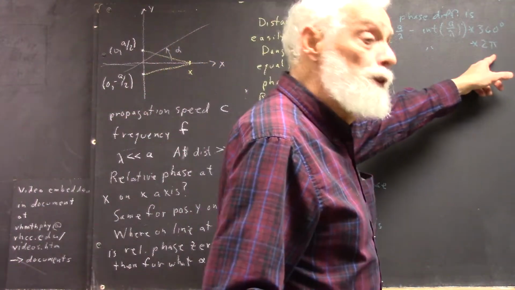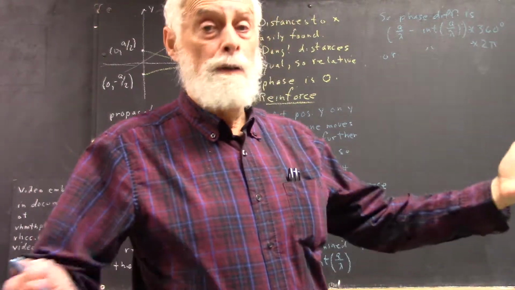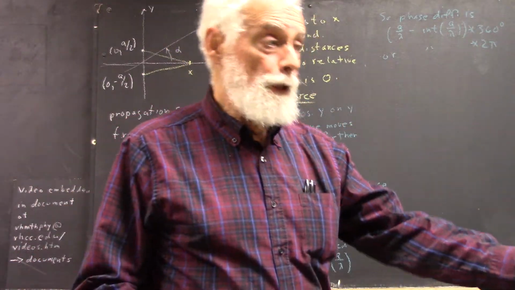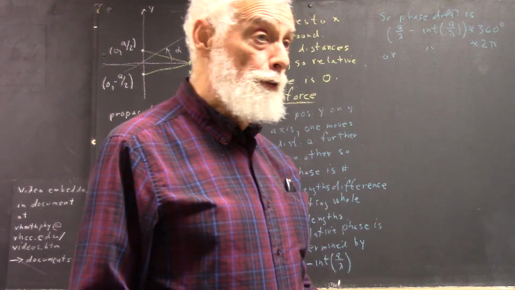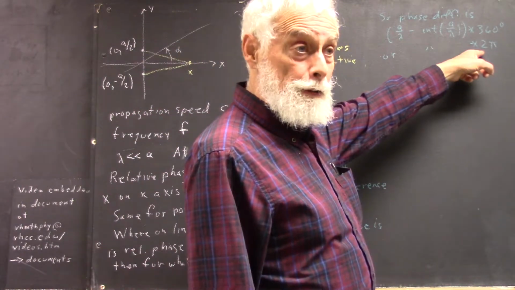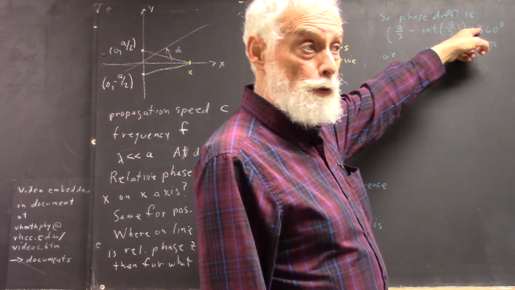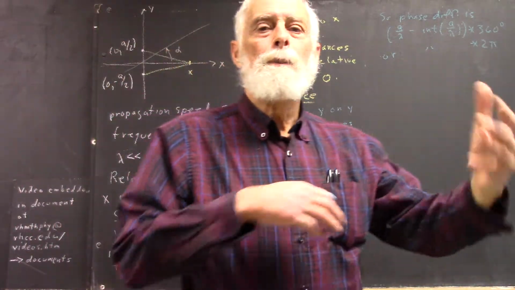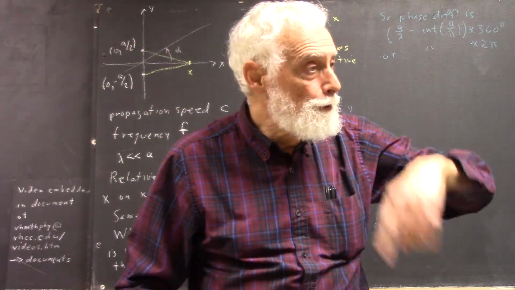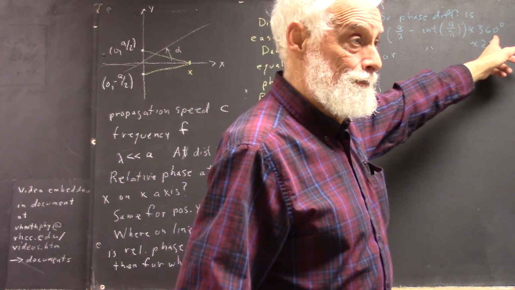Or times 2 pi if you want the difference in radians, depending on whether you're wanting to think about what it means or calculate with what it is, okay? If you're going to calculate things, you're going to want to use radians, so you don't have to carry along conversion factors for degrees, okay? But if you want to think about the phase in a 360-degree circle, you know, that's more convenient.